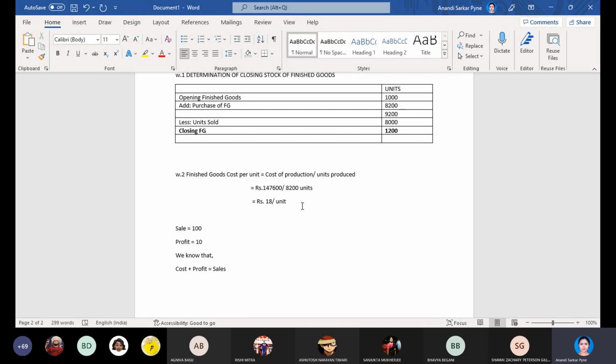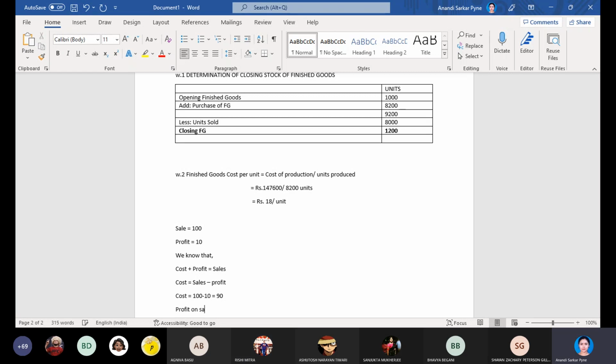So we can say that cost is equal to sales minus profit. Therefore, cost is equal to 100 minus 10, which is equal to 90. Can we say this? Yes, ma'am.